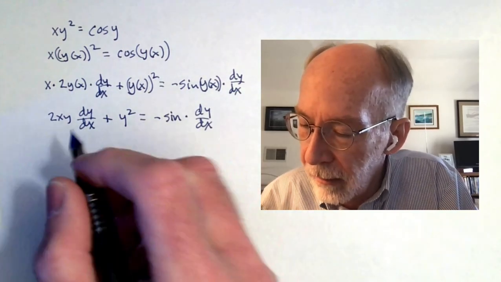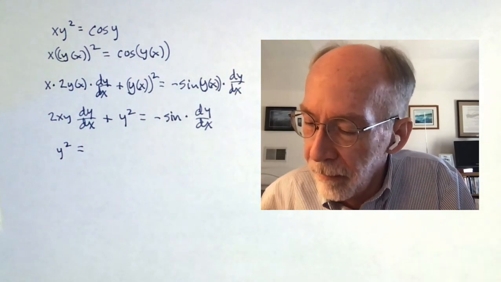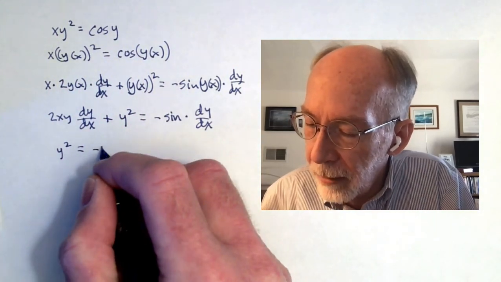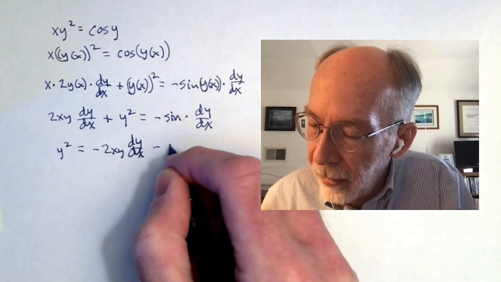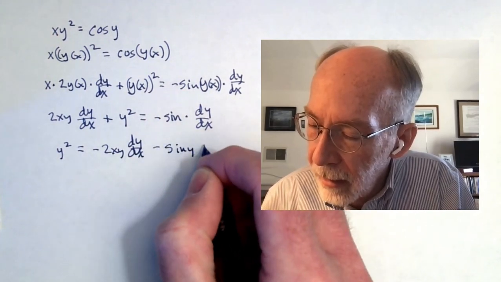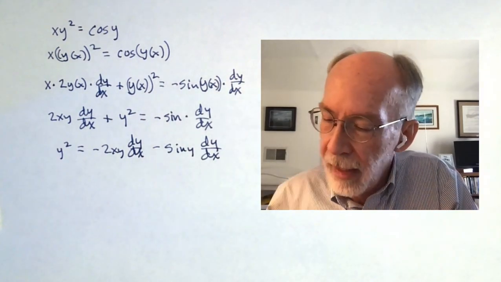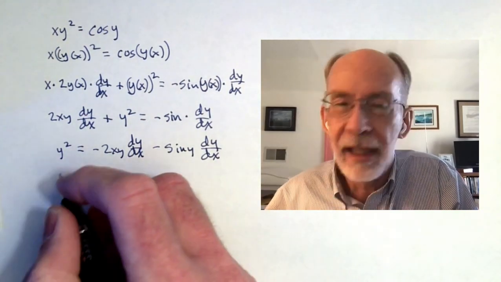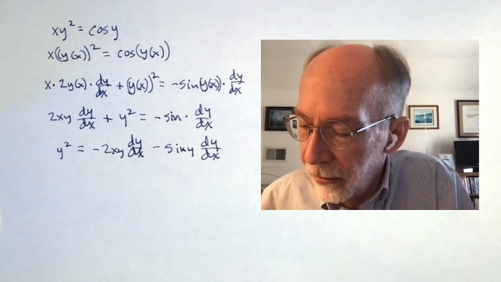So I'll hold the dy/dx terms to the right. It really doesn't matter. So negative 2xy dy/dx minus sine y dy/dx on the right-hand side. And then we'll factor out the dy/dx. You'll get to the point where you probably don't need to do this as a separate step, but for now, let's.